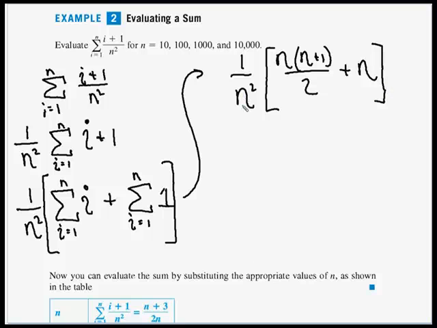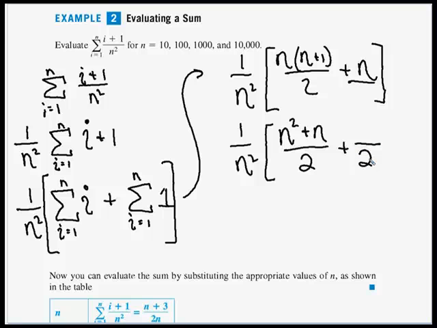Now, we could distribute that 1 over n squared right now, but let's get everything inside those brackets into a single quantity. If I distribute the n up top, we're going to get n squared plus n over 2 plus n. To combine anything, we're going to need a common denominator. I want to put a 2 under this n.